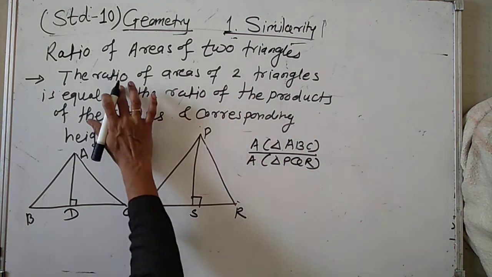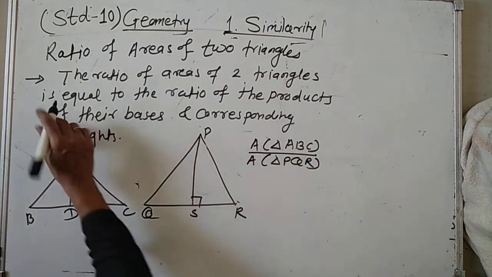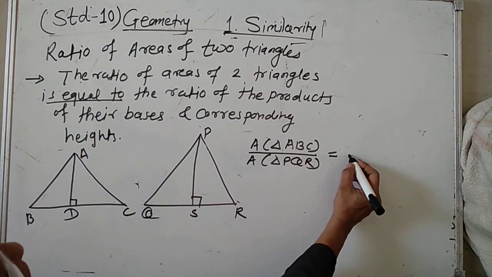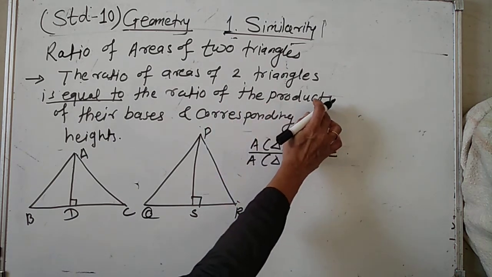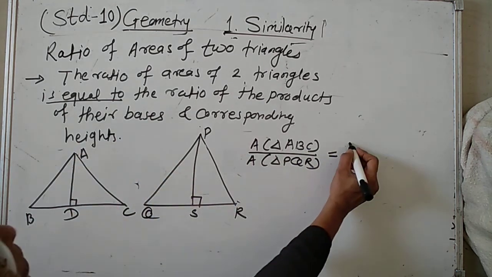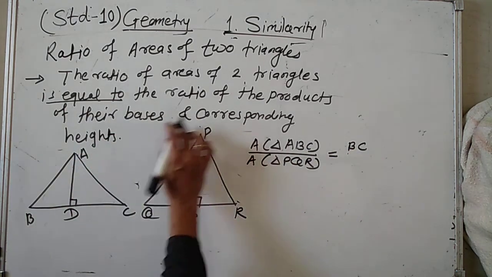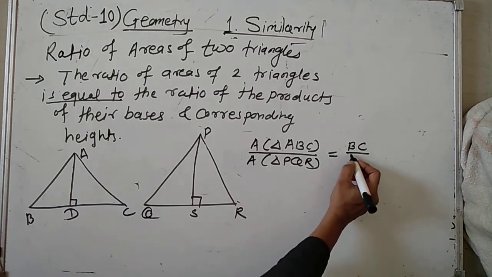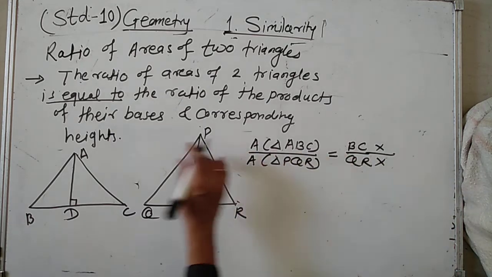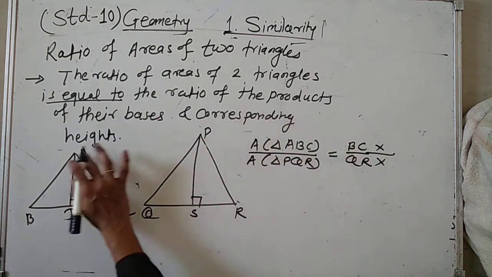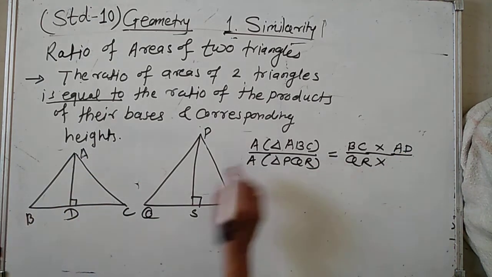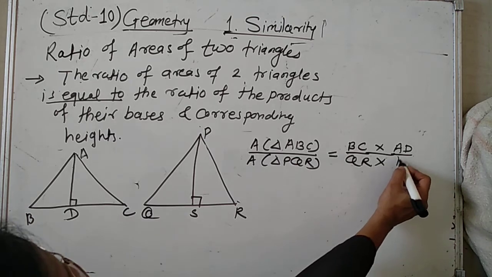that is the area of triangle PQR. The ratio of areas of two triangles is equal to the ratio of the products of their bases and corresponding heights. The bases are BC and QR, and the corresponding heights are AD upon PS.